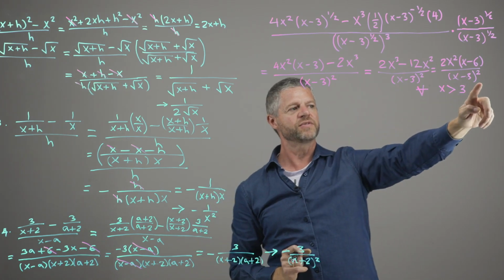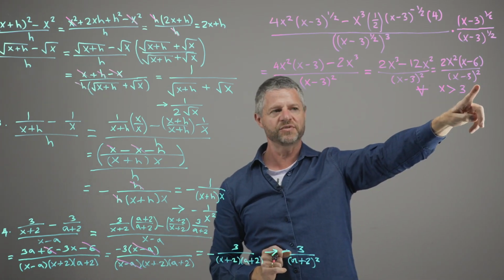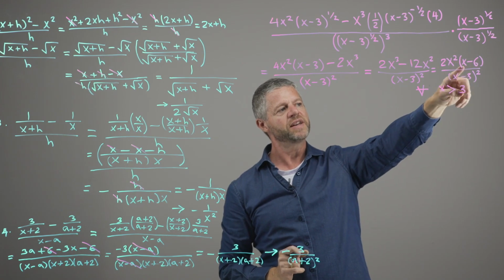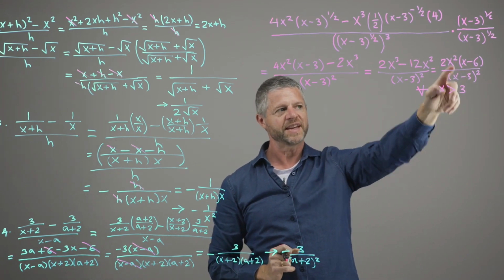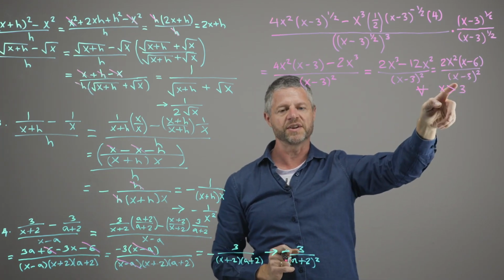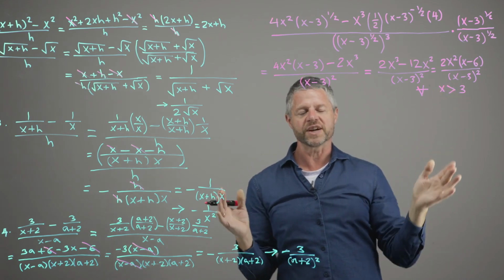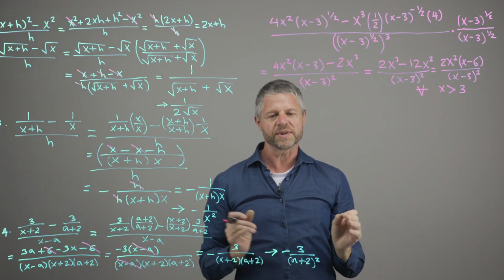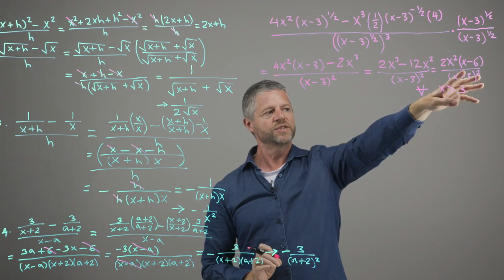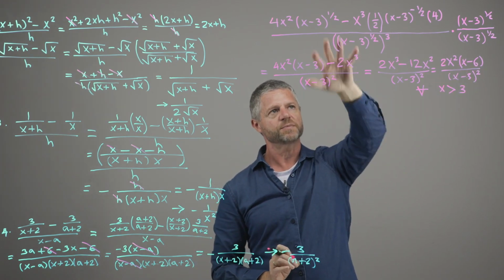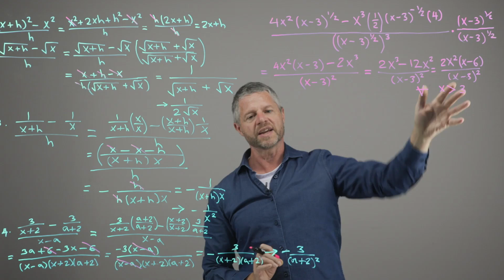But now that we've simplified it to this form, we can see right away, well, if x was 6, then this expression would be 0. And that's called finding the root of an equation when we're trying to find when it's equal to 0. So the root of this expression is x equals 6.